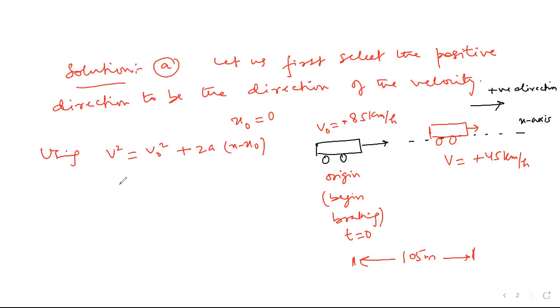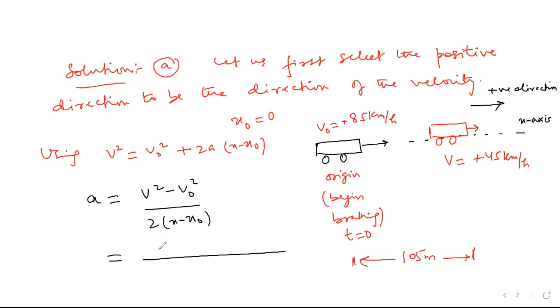We will make use of this equation to solve for acceleration. When you solve for acceleration, it will be v squared minus v naught squared over twice x minus x naught. So let us put the numbers.